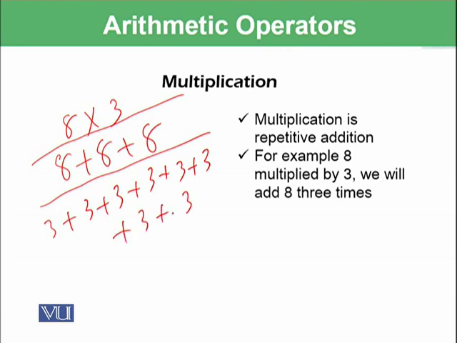So either we add 3 eight times or we add 8 three times. That would be equivalent to the multiplication of 8 with 3. This means that many CPUs are built which do not actually have multiplication circuitry. They use similar addition circuitry to perform the multiplication within the CPU. This could be one of the ways.